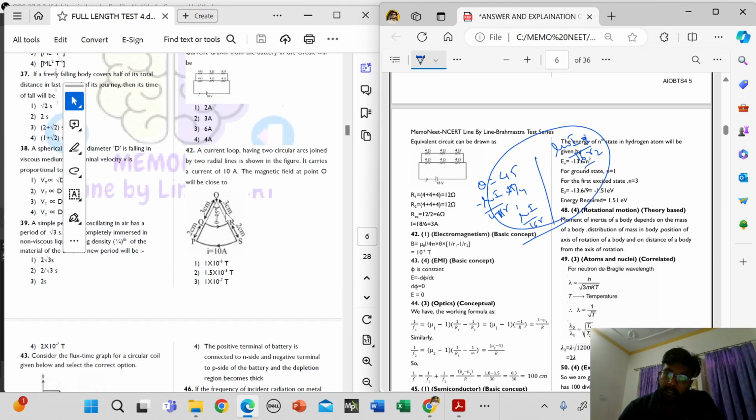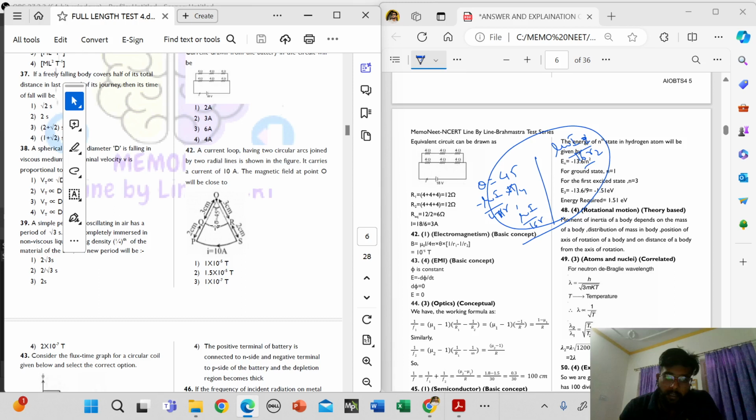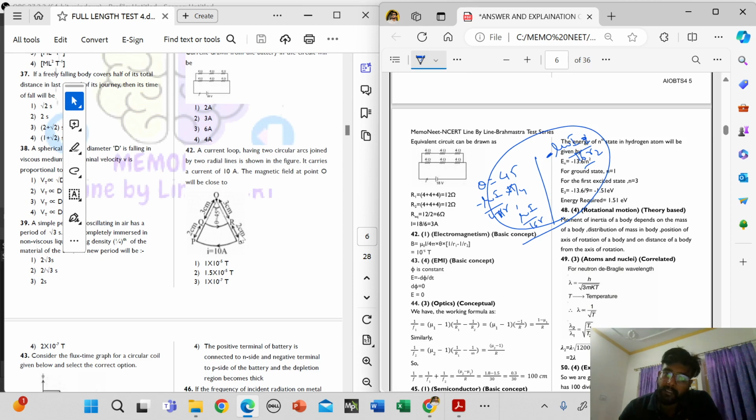Because the directions of the current in the upper loop and lower loop are opposite, there will be a minus. So the magnetic field will become mu naught I upon 4 pi times (1 upon R1 minus 1 upon R2).